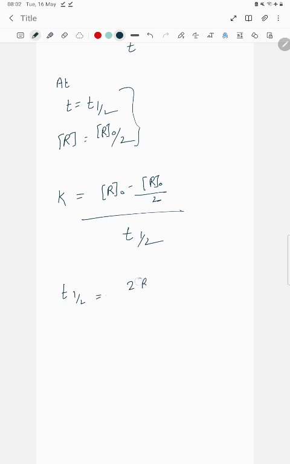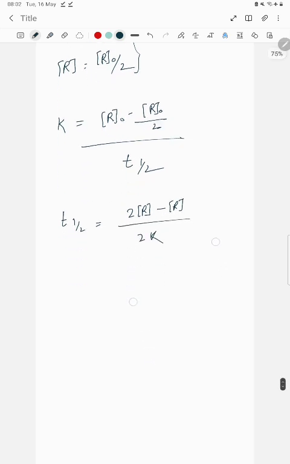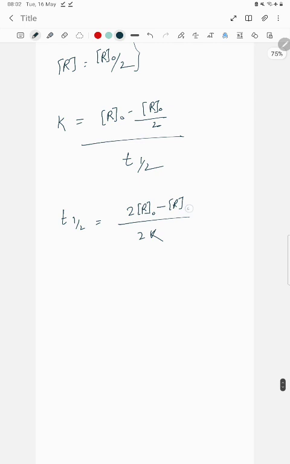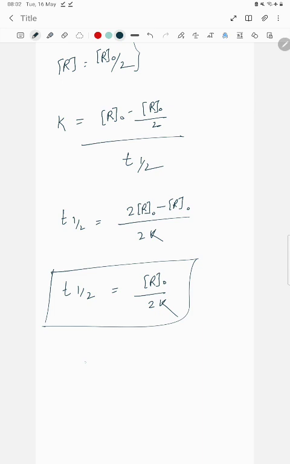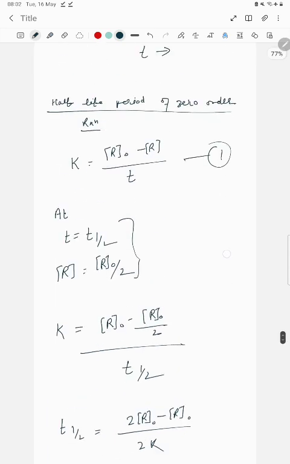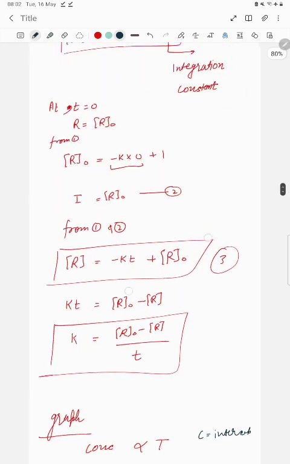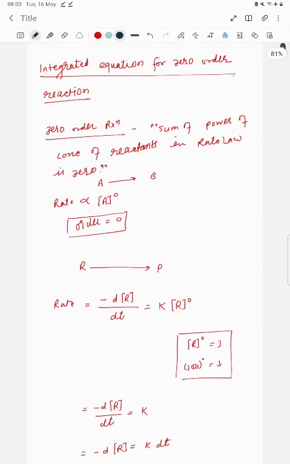So 2 R naught minus R naught divided by 2k. So t1 by 2 is equal to R naught by 2k. This is the half-life period, students. In this time the reaction will be half. So this is the integrated equation for zero order reaction.